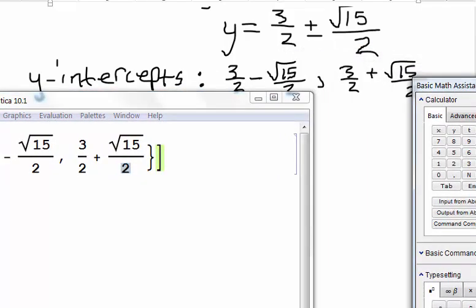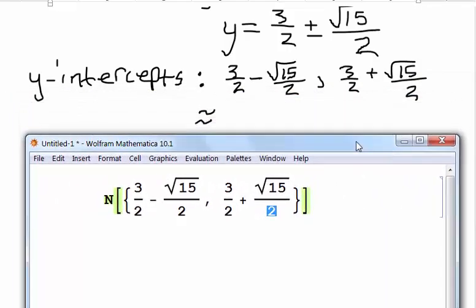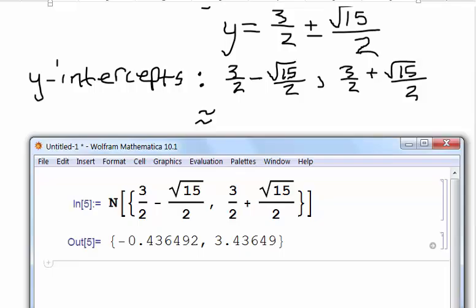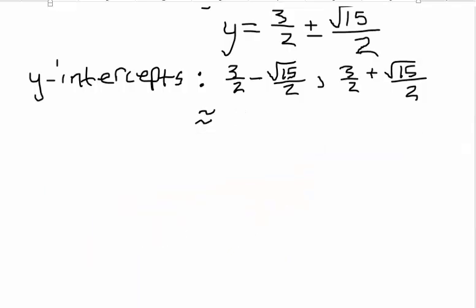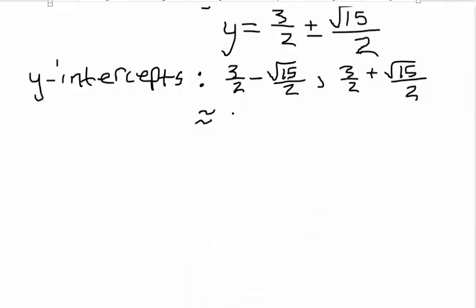All right, I'm going to move this Math Assistant out of the way so I don't go off the screen. And I select this bracket on the right, hold Shift and push Enter. And I only need this to the nearest tenth. So the smaller one is negative 0.4.